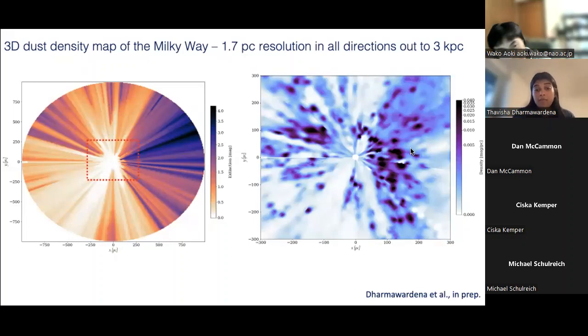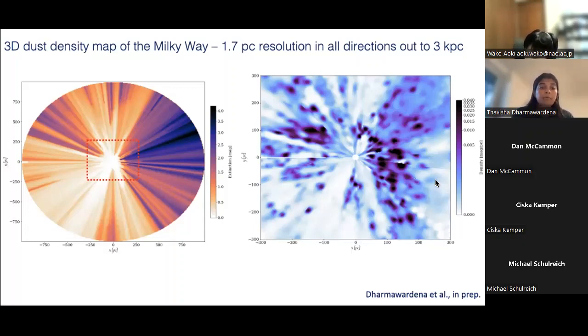And here we have the 3D dust density more zoomed in. This is a 300 by 300 parsec view of it. And again, this is the slice at 0. And we can very nicely see all these wonderful molecular cloud structures in the inner region, so very close to the solar system.